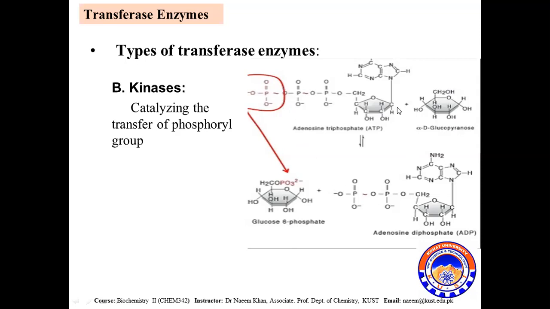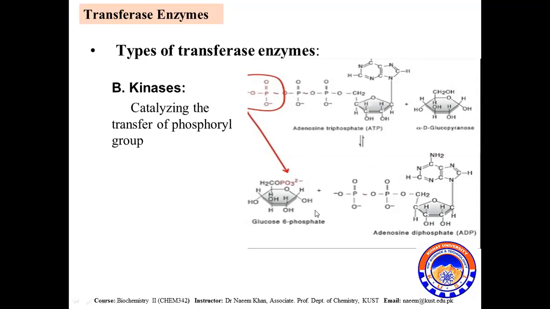When one phosphate is removed, ATP, adenosine triphosphate, is converted to adenosine diphosphate. One phosphate from ATP is transferred to glucose, giving glucose 6-phosphate.